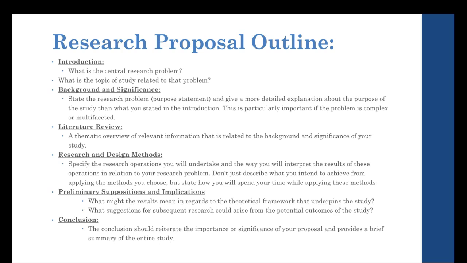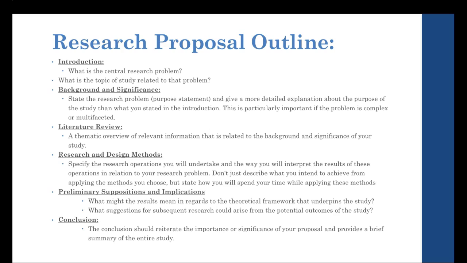The actual research proposal itself should follow this outline, meaning it should be organized in the following way. The underlined and bold words are the ones that should be your headers in your APA paper. You should have an introduction section. You should have a background and significance section. You should also have a literature review, a research and design method section, and a preliminary suppositions and implications section, as well as a conclusion.